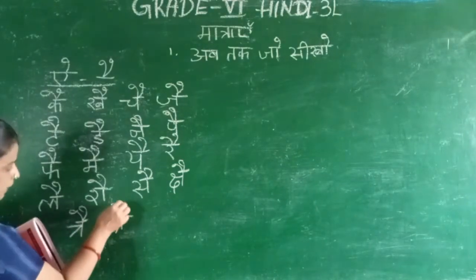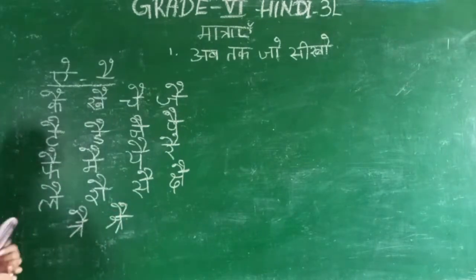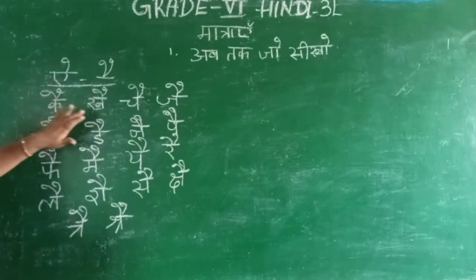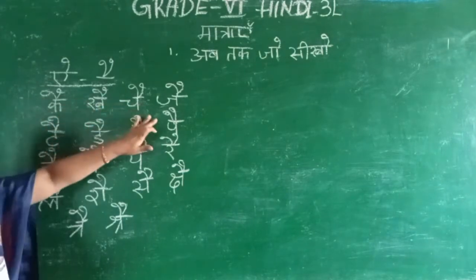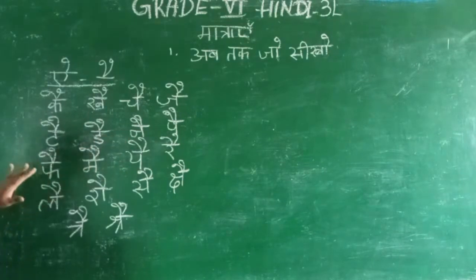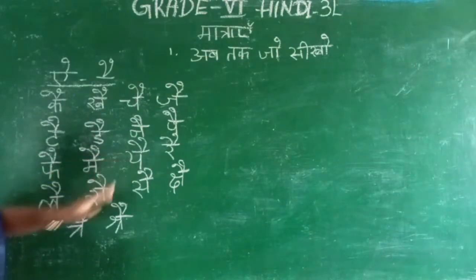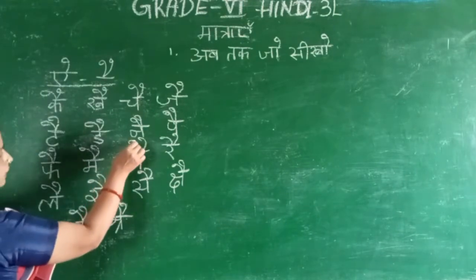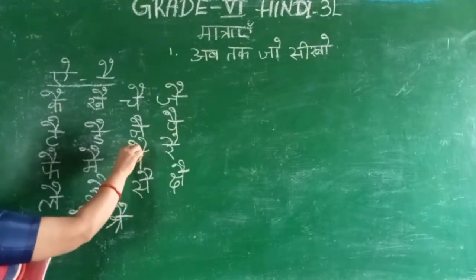Is it clear now how to pronounce consonants with the matra joined? How to pronounce kai, khai, chai, jai, tai, dai, nai, pai, mai, yai. In a matra, simply we are writing only one matra like this.